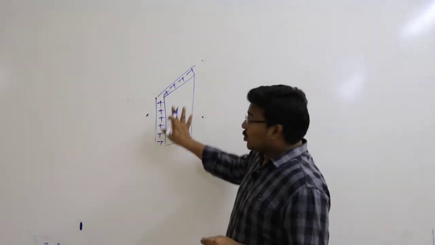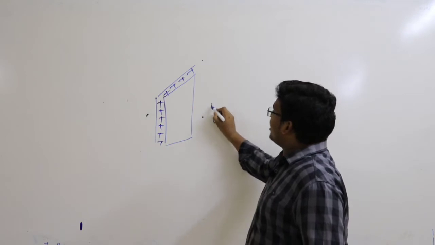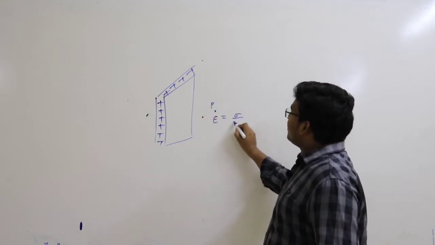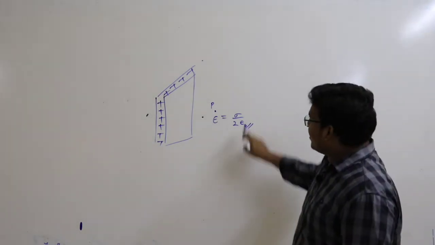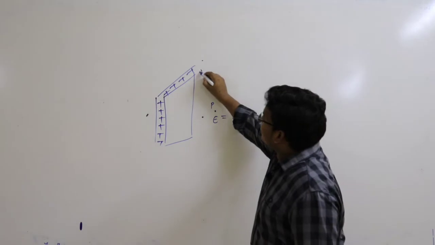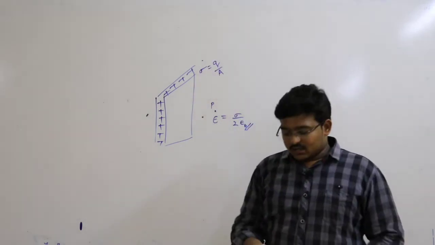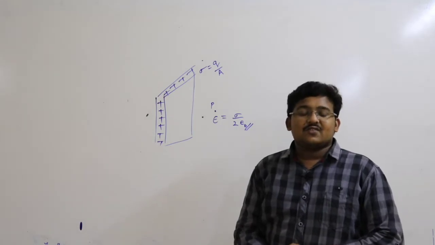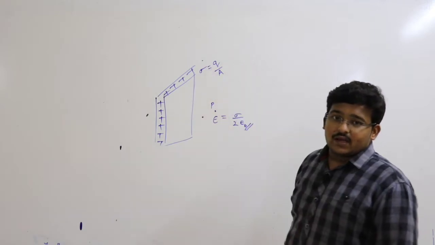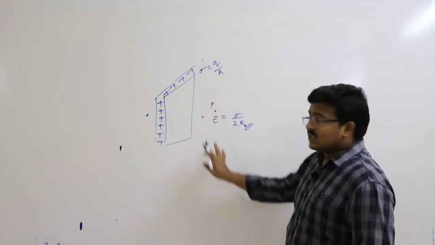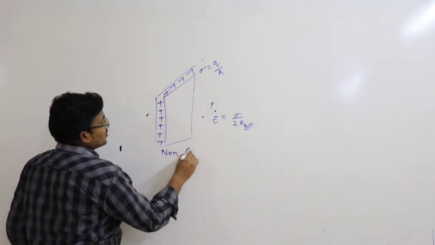And due to this, the field at some point P is nothing but sigma by 2 epsilon naught, where sigma is the charge per unit area. So it is the surface charge density, total charge by the area. So this is a non-conducting sheet.